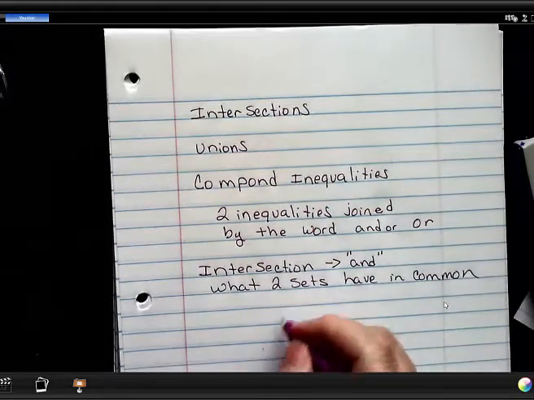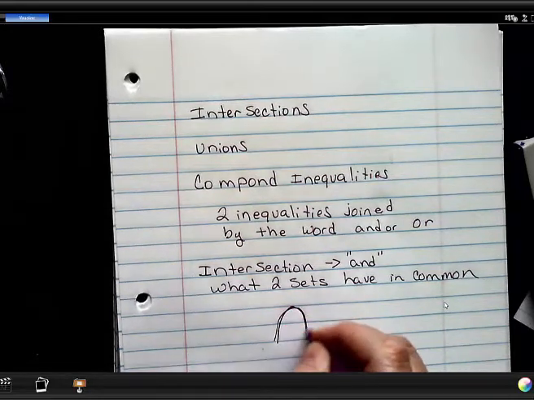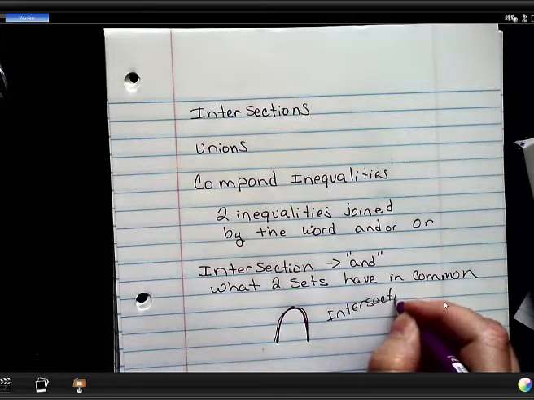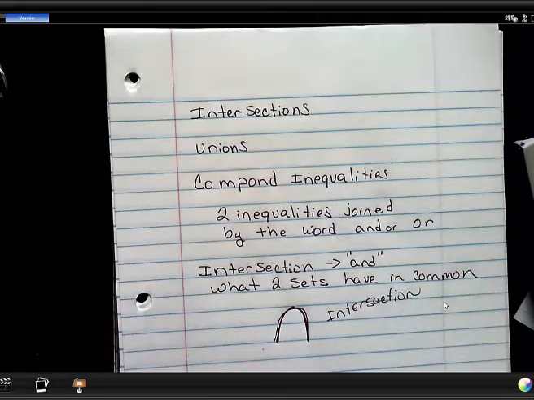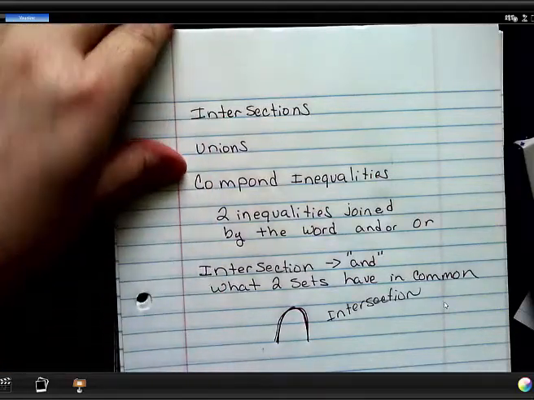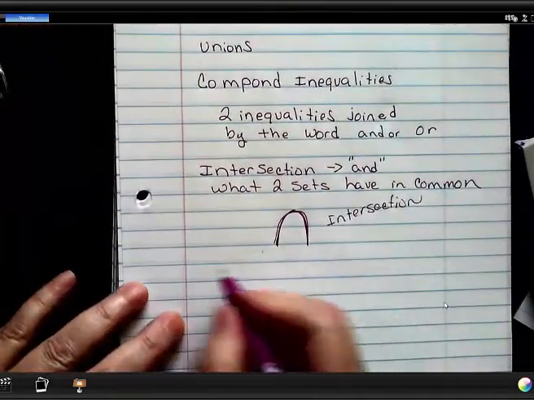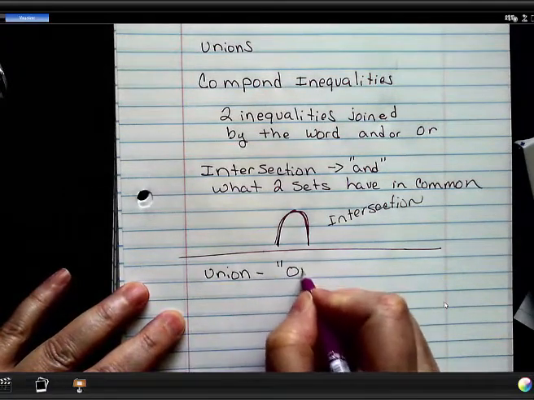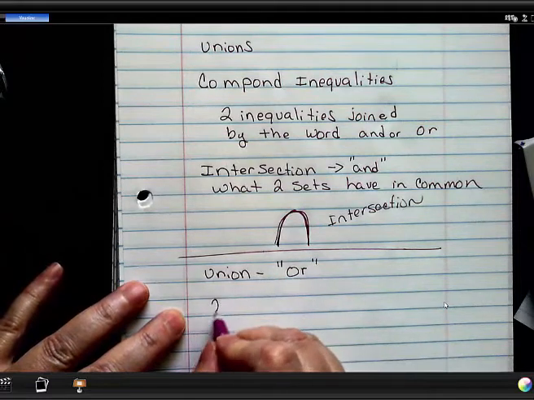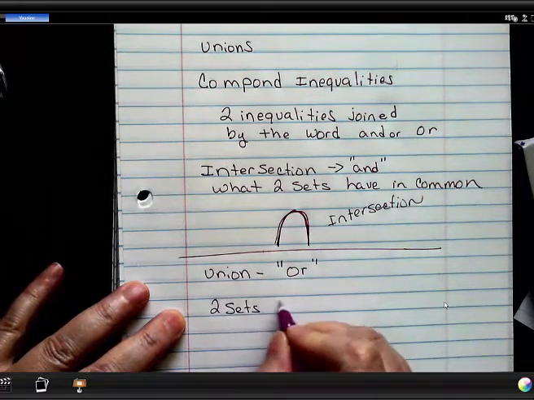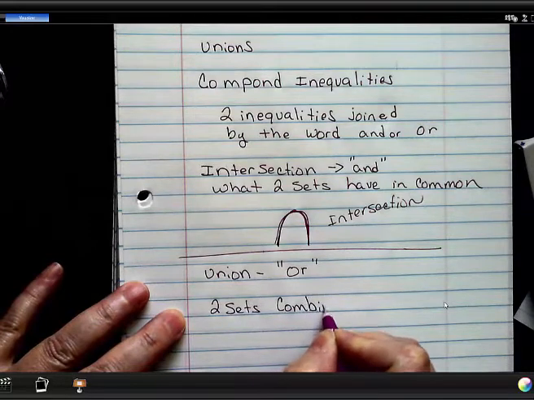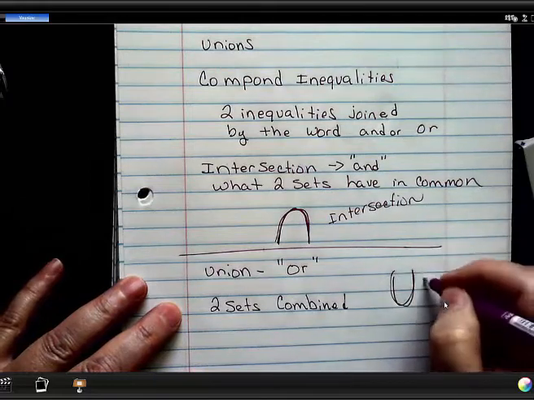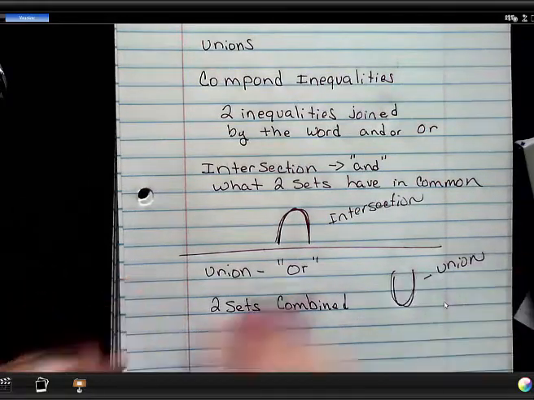And our symbol for intersection is an upside-down U. Then we have a union, and that's the word or. And that's when you have both sets combined, everything together. And that symbol looks like this, and it's a U.